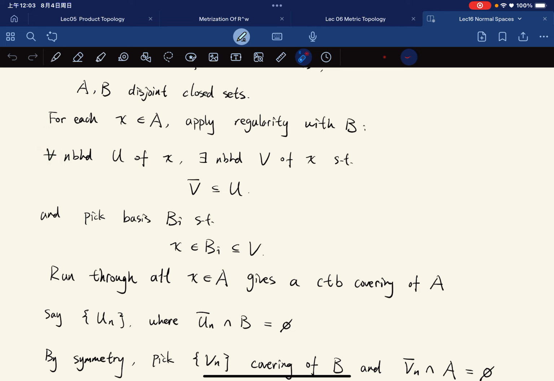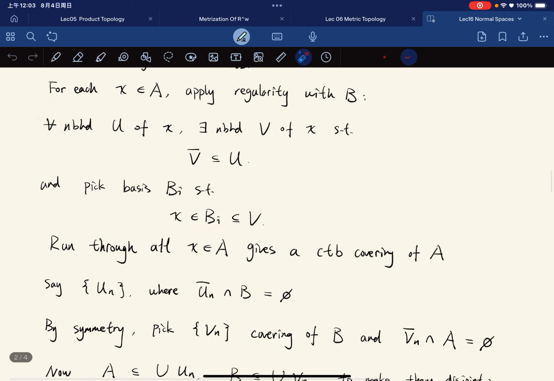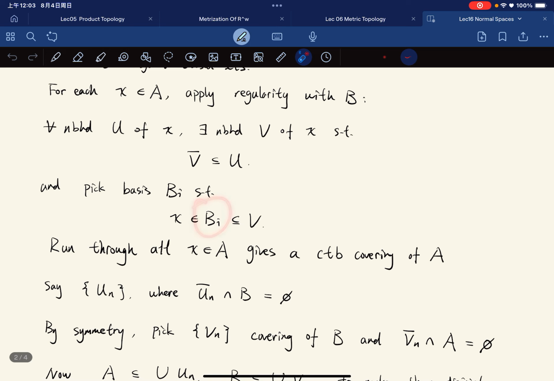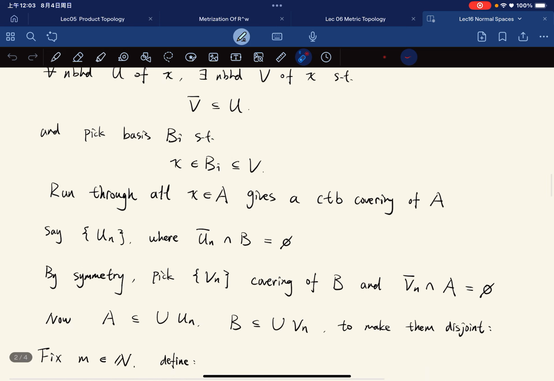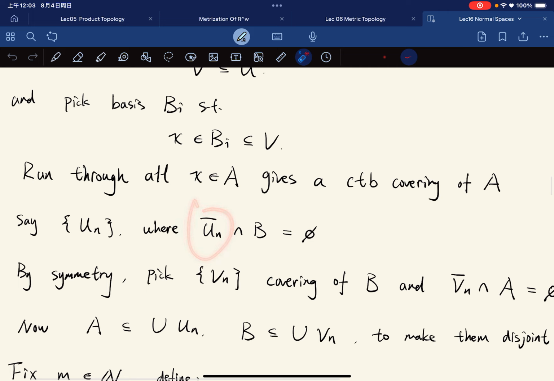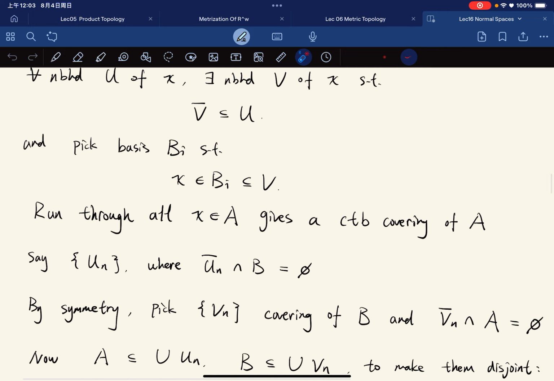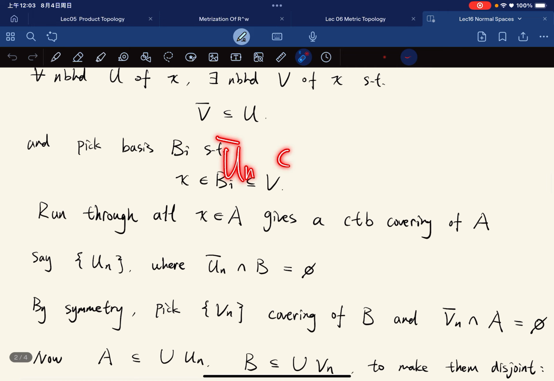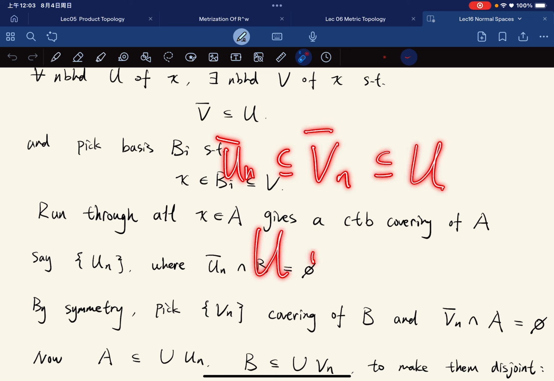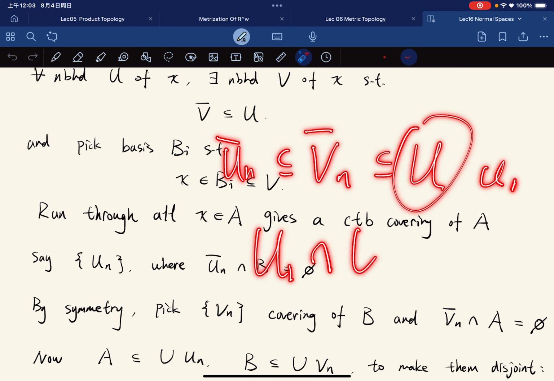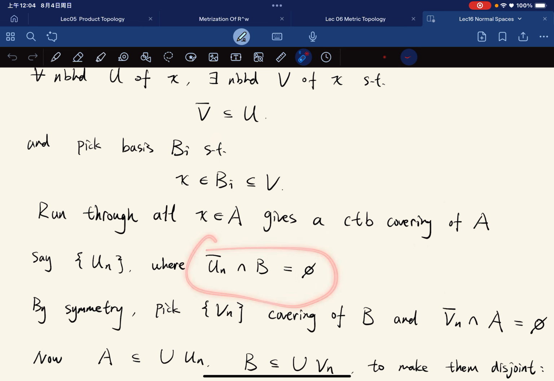And for this V, we can find a basis element that is contained in this V. And this collection of Vi, we just rewrite as the Un, and Un bar and B are obviously disjoint because Un bar contains Vn bar, and Vn is a subset of U, and our U is in fact our U1 as I just showed you. So Un bar and B are disjoint.